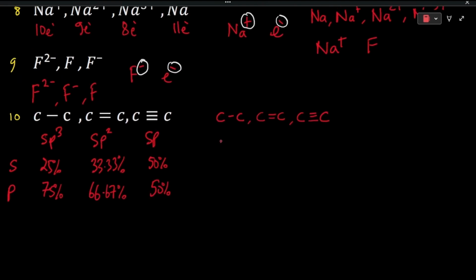The order would have been this. So this would have been the order of increasing electronegativity value, and this the order of decreasing electronegativity value.